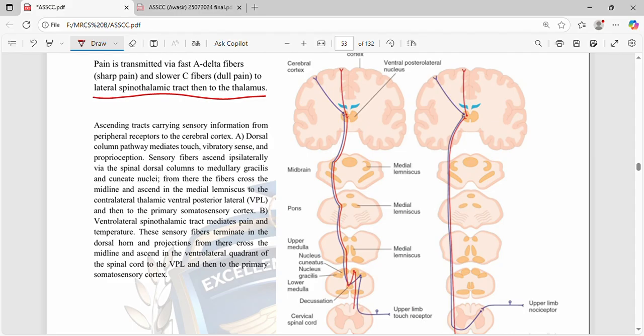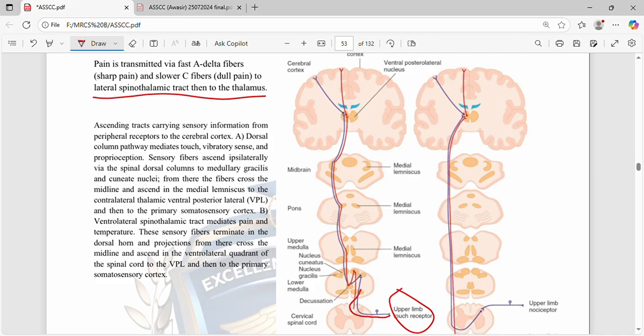Thalamus is a relay station for every sensory fiber except the olfactory fiber. Olfactory fibers go directly into the olfactory area. The rest of all the other sensory pathways relay in the thalamus. So this is your pain.